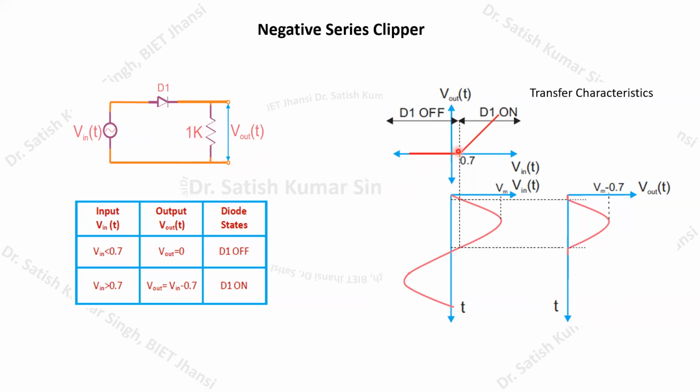When the input is positive and reaching up to 0.7, there is no output, because there will be insignificant current flowing through this resistance, and therefore the output will be negligibly small.